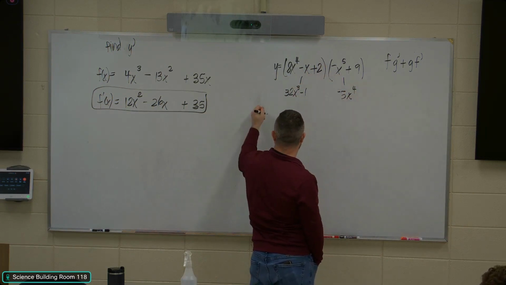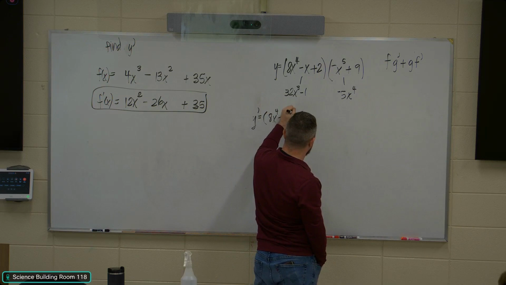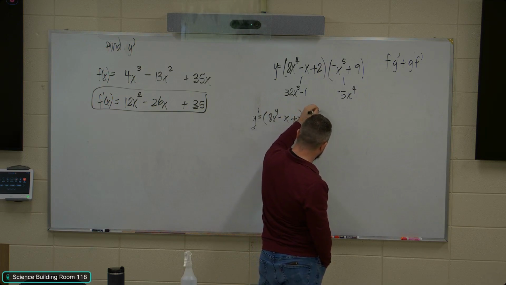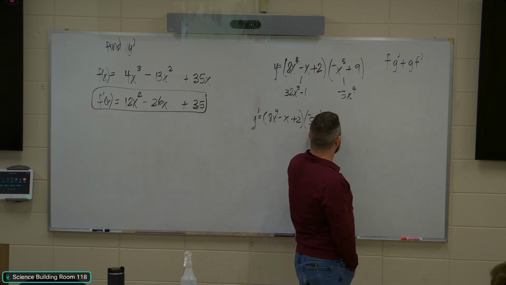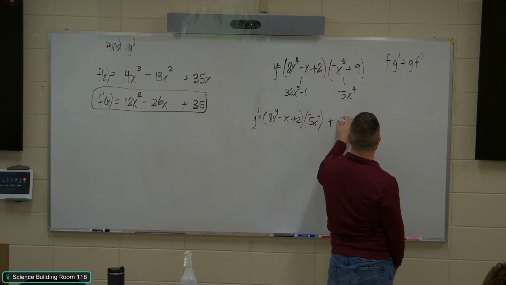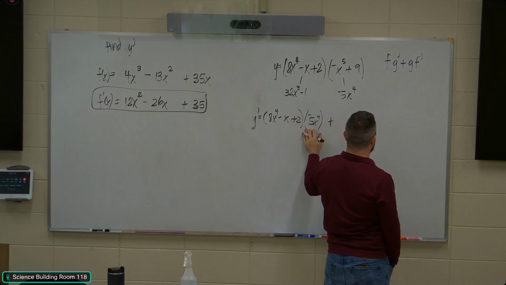The first function was 8x to the fourth minus x plus 2. The derivative of the second function was negative 5x to the fourth. I've already written down the first function and then its derivative.